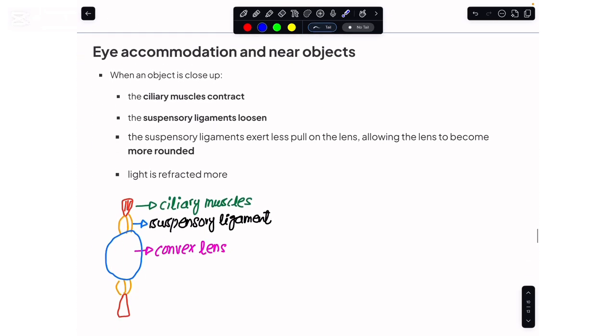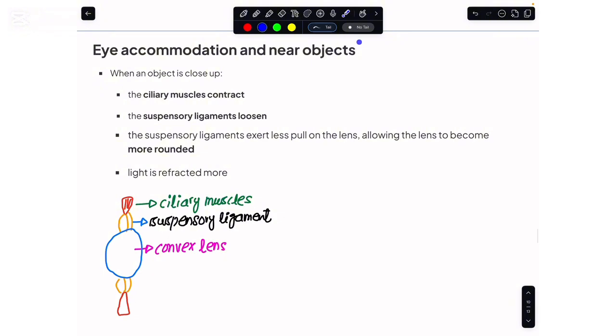Now, moving onward, the other situation is what happens when we look at a nearer object, meaning something placed near my eyes. Keep in mind that when I look at a nearer object, the lens should not become thinner or elongated, but rather thicker or more convex.